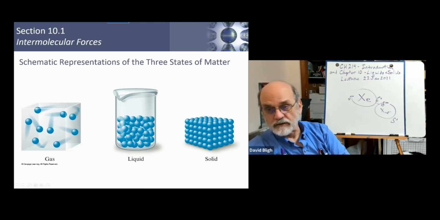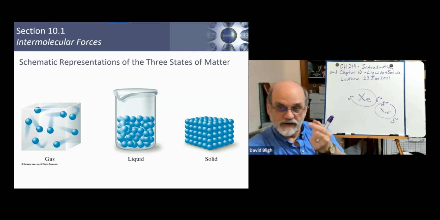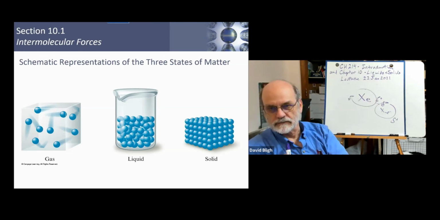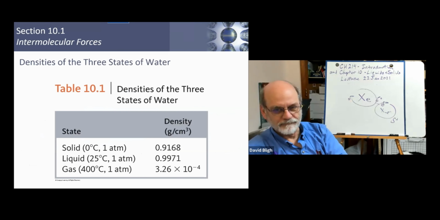If you go even further, they'll turn into a solid. You just reduce the kinetic energy of all the molecules in your substance, and then they slow down enough to where these intermolecular forces are strong enough to attract them together. And that's what I'm saying here in this slide. So I'm going to skip that.